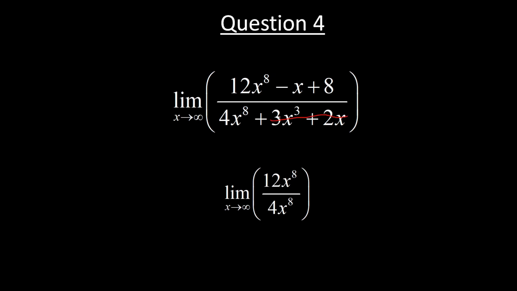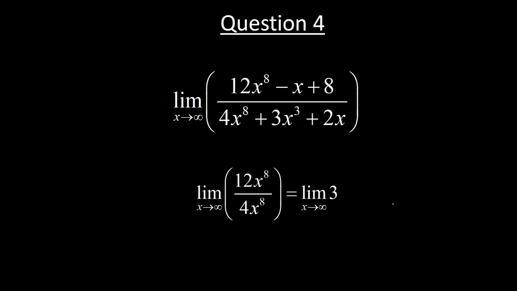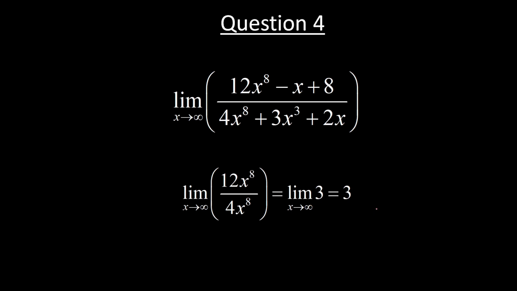So we'll get rid of everything that's not dominant. We can simplify because these x to the 4ths will divide out. 12 divided by 4 is 3. And so we're left with the limit of 3 as x goes to infinity. And burn into your brain, the limit of a constant is always that constant.